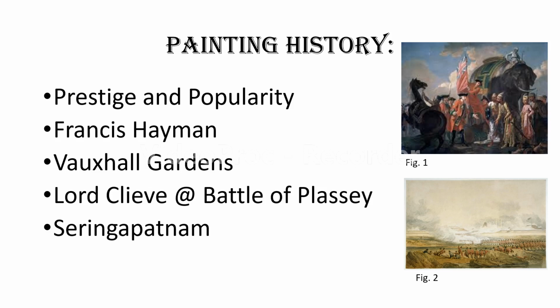It was painted just after Clive defeated Sirajuddaulah, the former Nawab of Bengal, in the Battle of Plassey and installed Mir Jafar as Nawab of Bengal. It shows Lord Clive welcomed by Mir Jafar and his troops after the Battle of Plassey. Figure 1 shows the picture done by Francis Hayman.